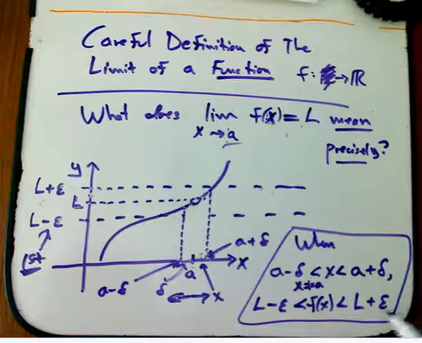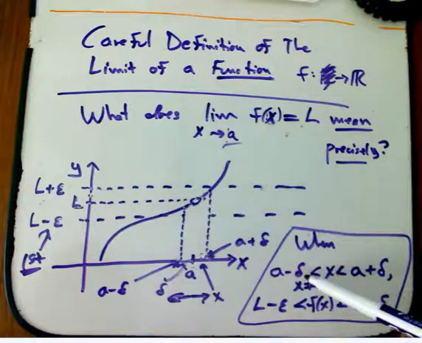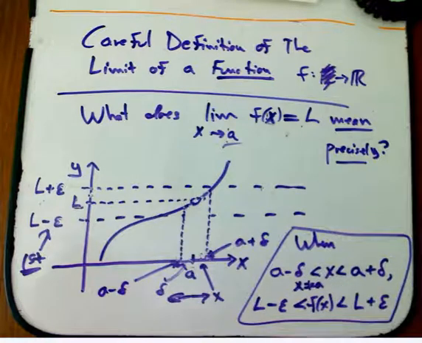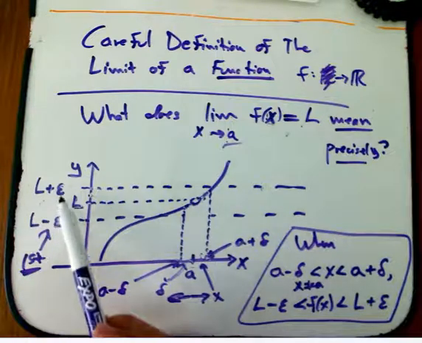First you have to figure out how accurate I'm requiring the output to be, and then I choose a delta. And before I write that down in precise logical language, let me reiterate what was so important and true about the sequence case. It's that this isn't just working for one epsilon.